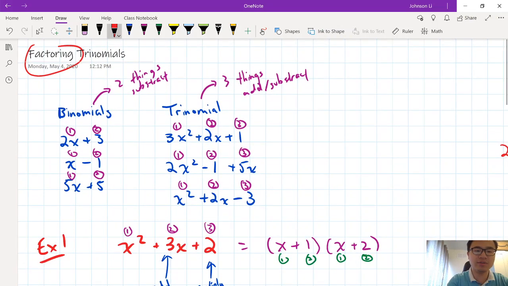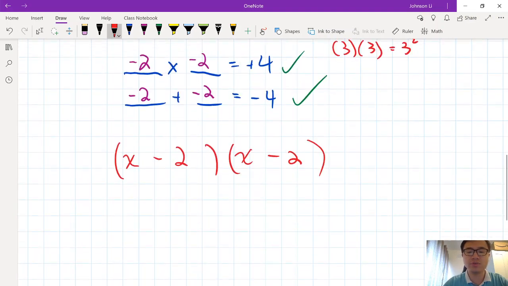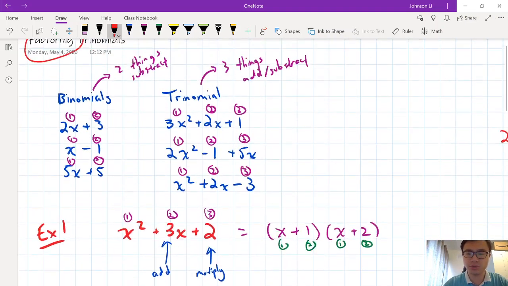This whole technique of taking our trinomials, which have 3 items in them, and putting them in brackets with only 2 items in them is very, very useful for what we're about to do later.